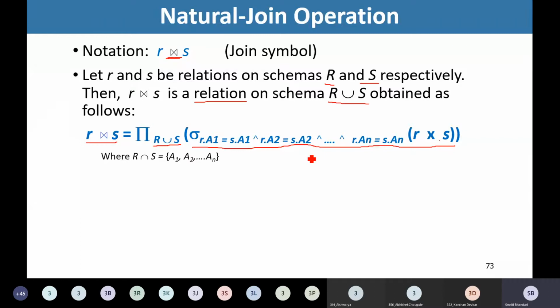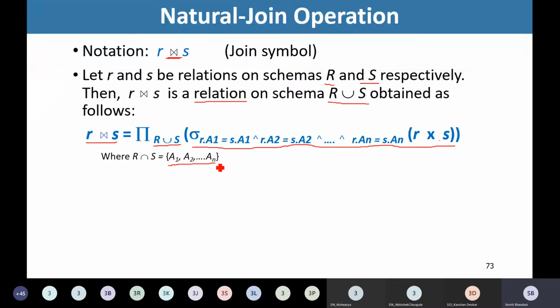So we have a predicate on R cross S. Whichever are the common attributes in both R and S, we match the values of the common attributes. So our predicate in this select statement is like R dot A1 equal to S dot A1 and R dot A2 equal to S dot A2 and so on up to R dot AN equal to S dot AN.